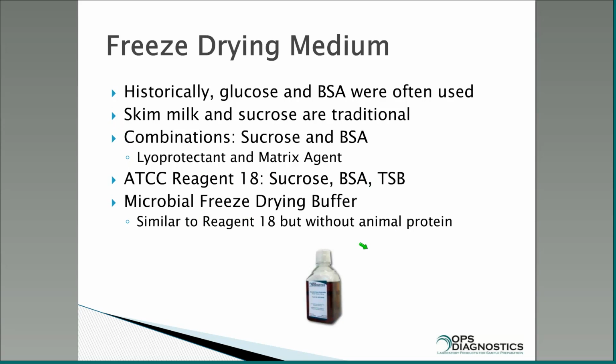You want a medium that really has both the protectant and the caking agent to give you the best of both worlds. Some people will talk about using mannitol, because that's used in a lot of drugs, or trehalose, and I've used those, but I don't necessarily find them better, or sometimes they work less well. So I kind of stick with what I know.